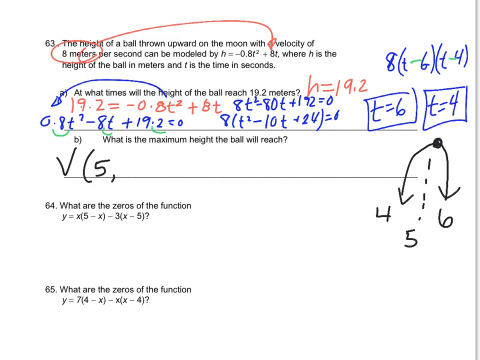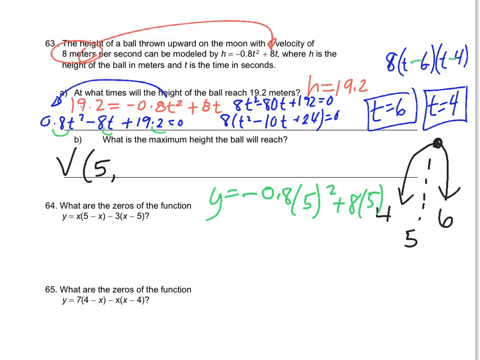Now, I can use the simplified version that I used here to find out where my 5 will be, or I could take the 5 and plug it into the top problem. So I think that's what I'll do first. So I'm going to plug in negative 0.8 times t, which is 5, squared plus 8 times 5, so that I could find my y value.